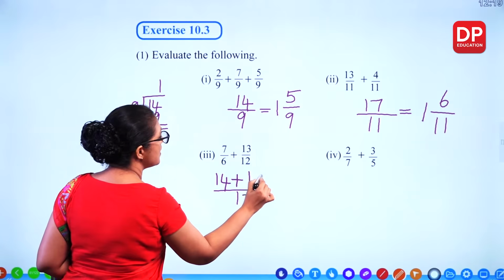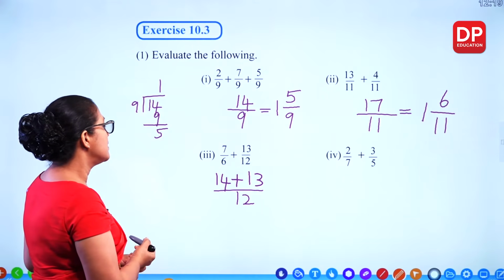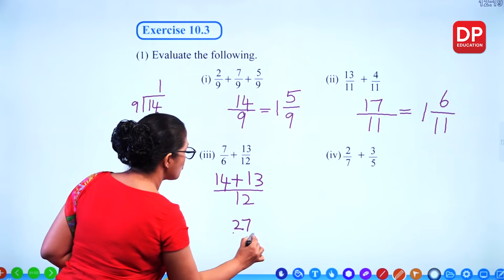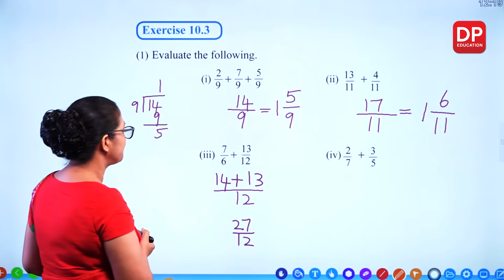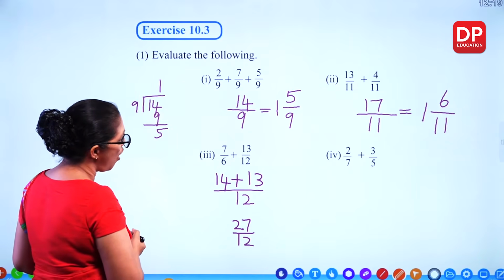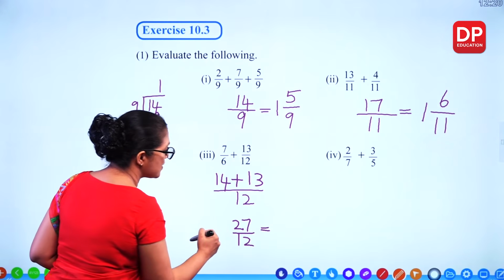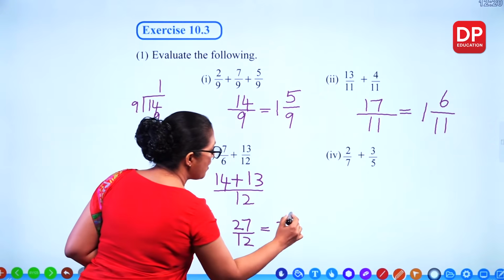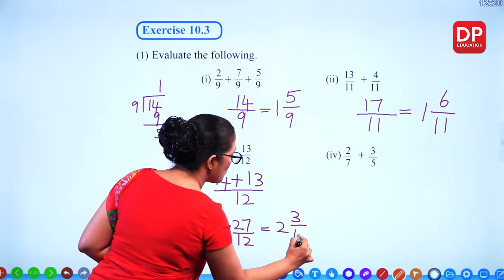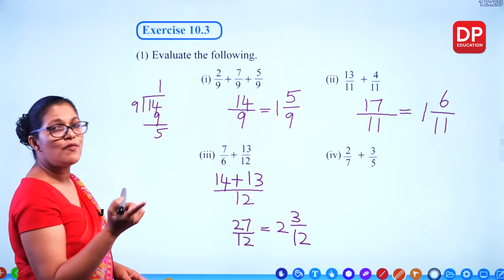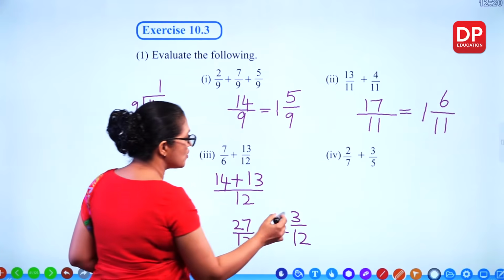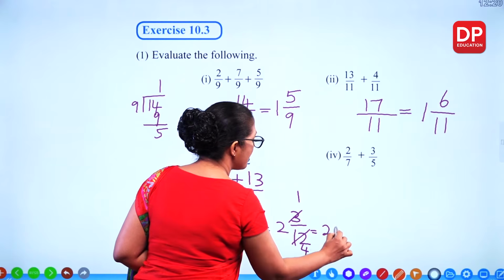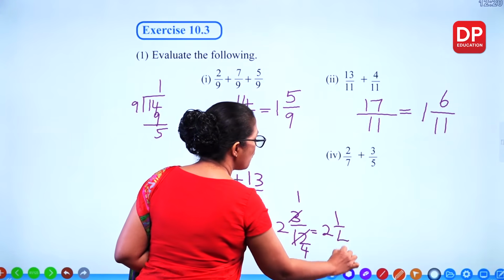And here 13 is there. Now add these two. So 27 over 12. So how many 12s? That's 2. That's 24. 3 remaining. So you can write 3 over 12, and that you can also simplify. Divide by 3, you get 1 and 4. So finally you can write 2 and 1/4.